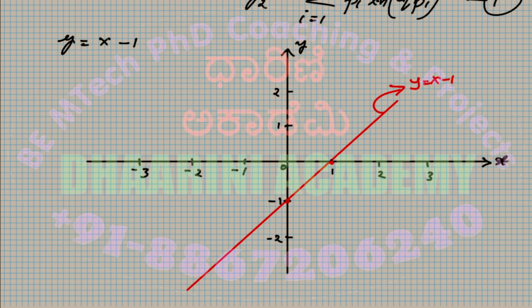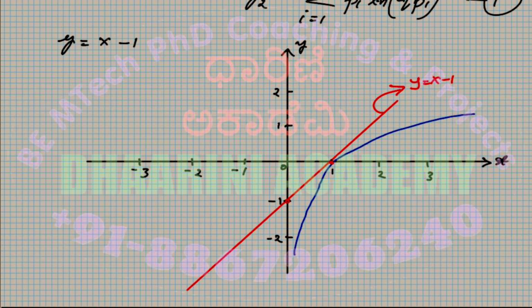And I also want to plot another curve, that is y is equal to natural log of x. Maybe I'll change the color. That curve will be something like this.